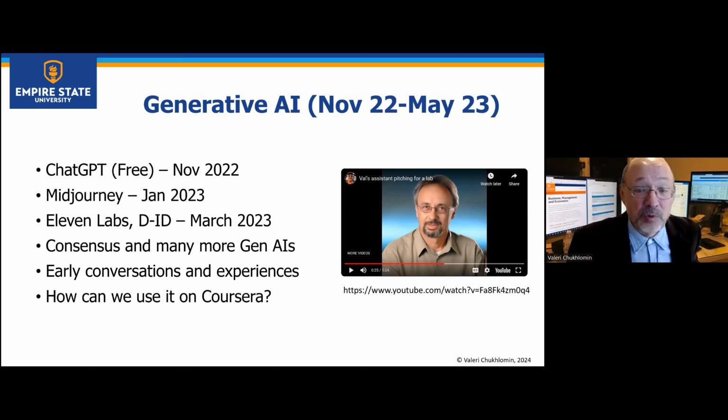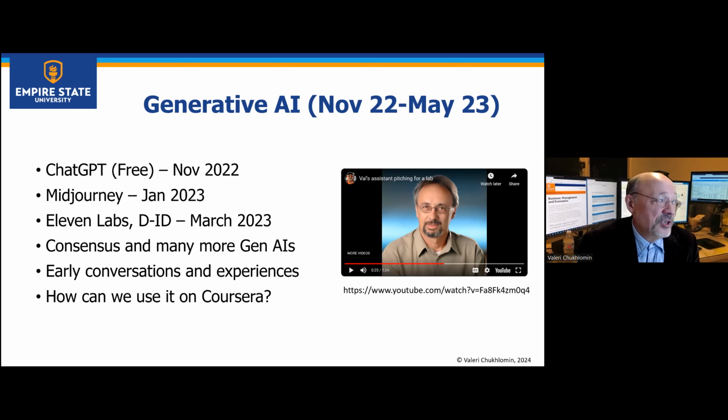In addition to ChatGPT, there was a huge wave of other generators. I got access to Midjourney in January. It was not the first Midjourney, but I think it was Midjourney number 4, the first professional grade image generator.